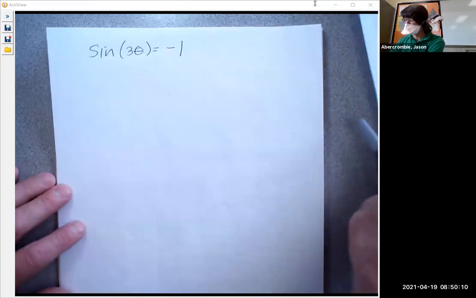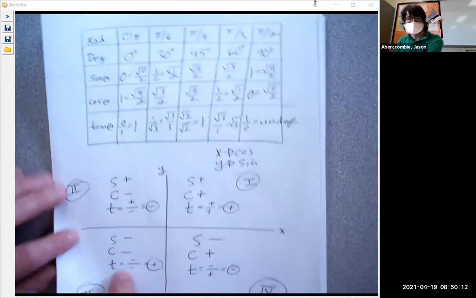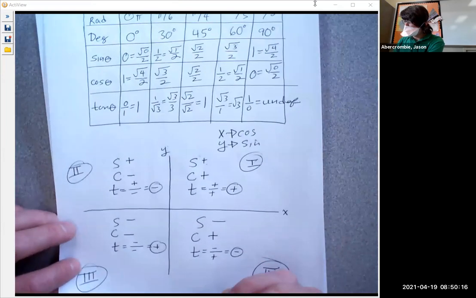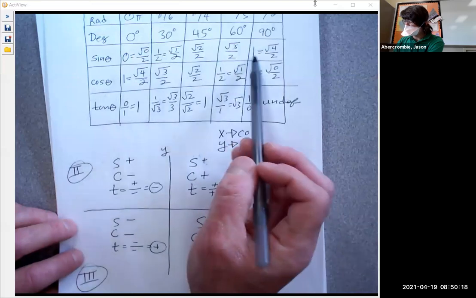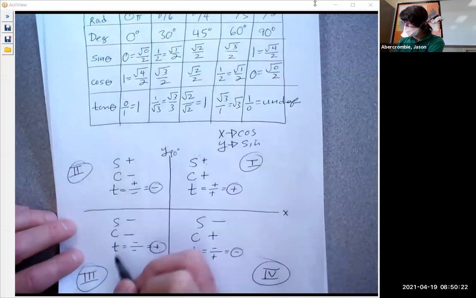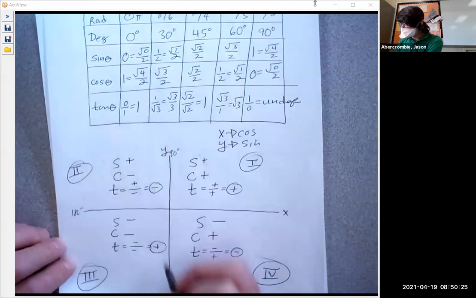Let's look at my chart. Well, sine was equal to +1 at 90 degrees right here. This was 90, and this is 180 and 270.